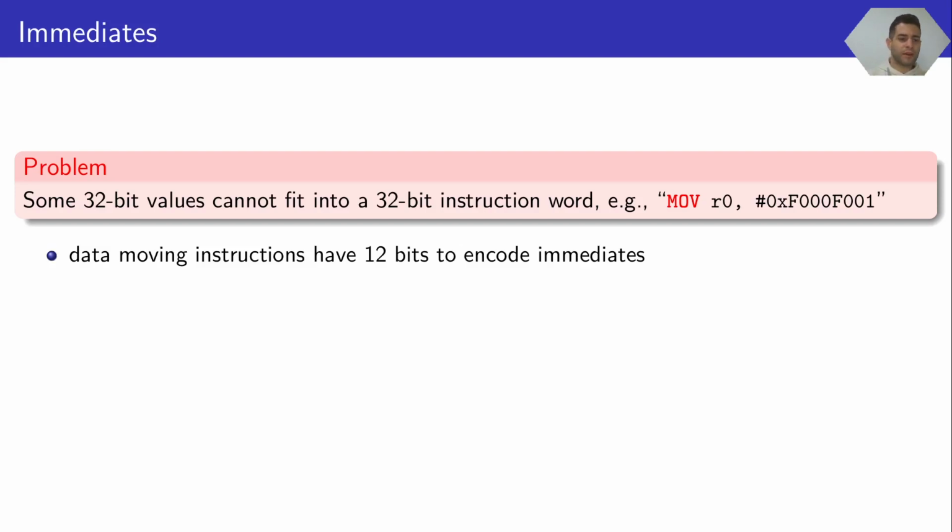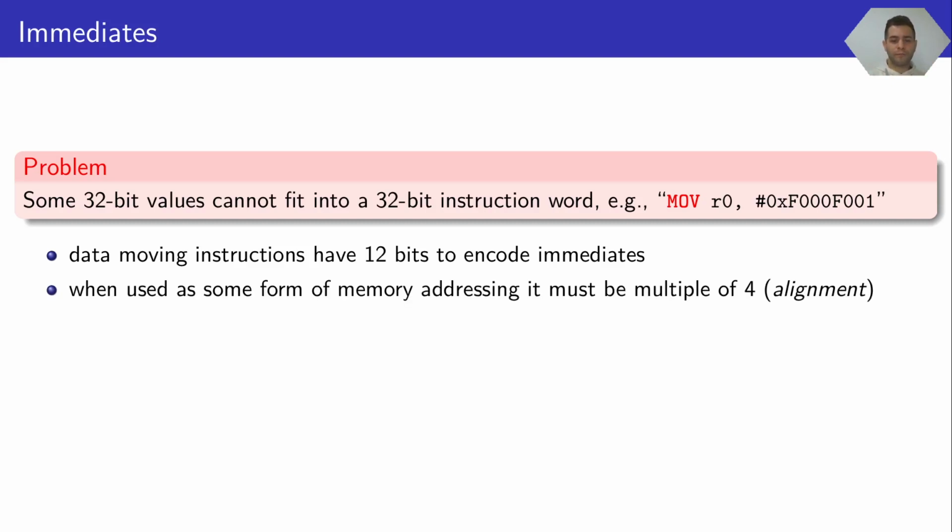For example, when you're using a move instruction like mov, you just have 12 bits to encode the immediate. So if your number requires more than 12 bits, you have a problem.